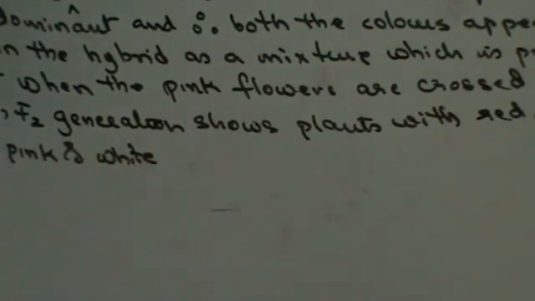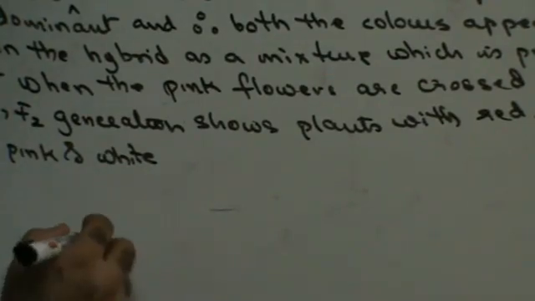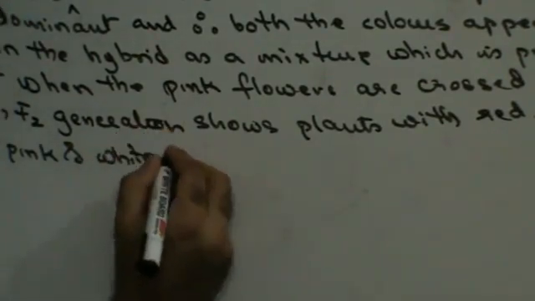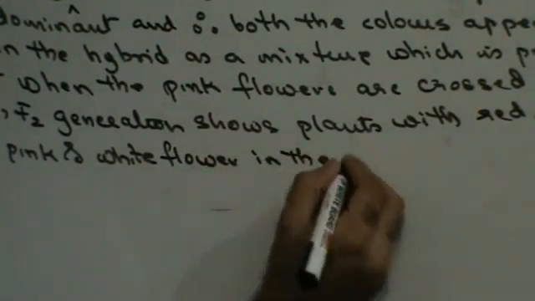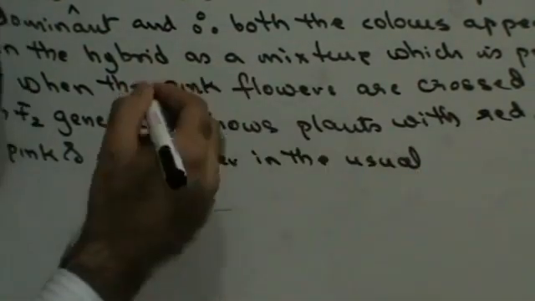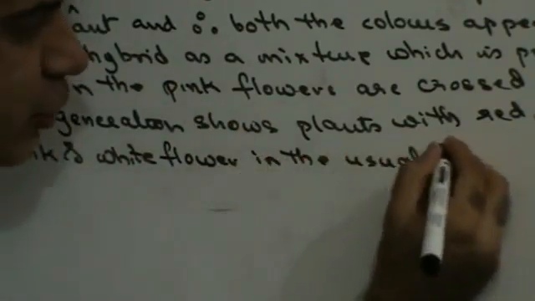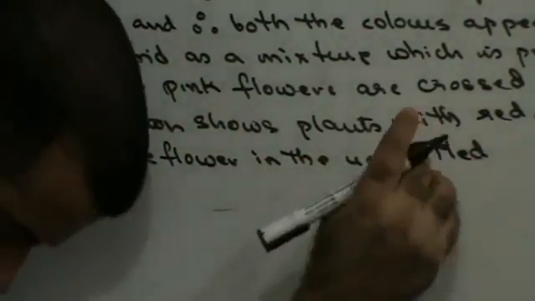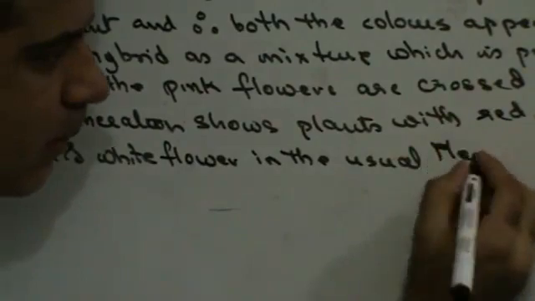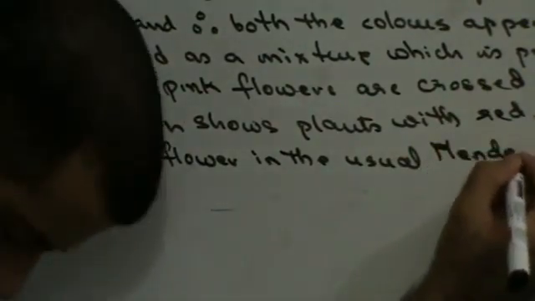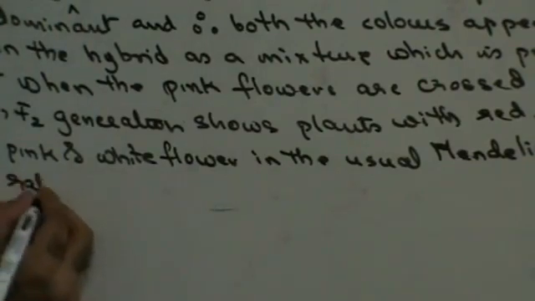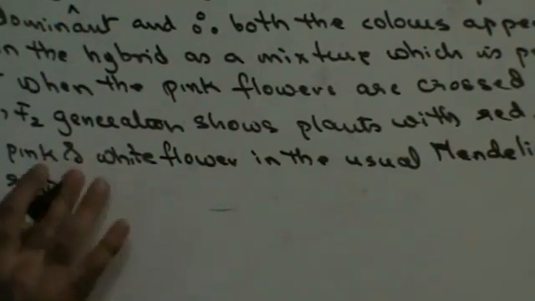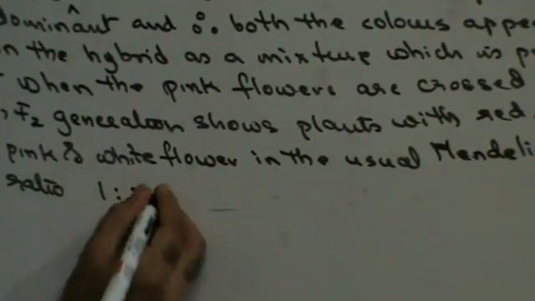These are the three things that the F2 generation shows, in the usual Mendelian ratio of 1:2:1.